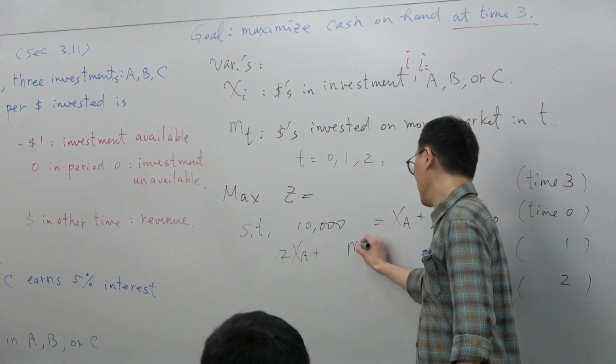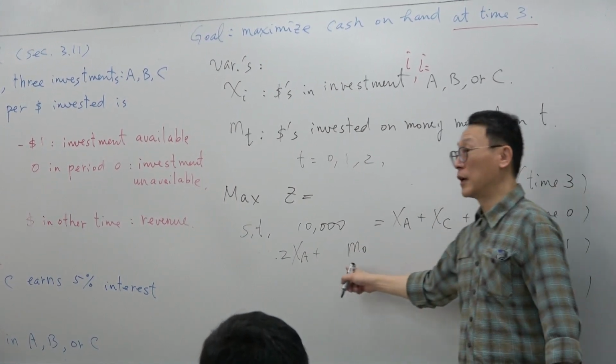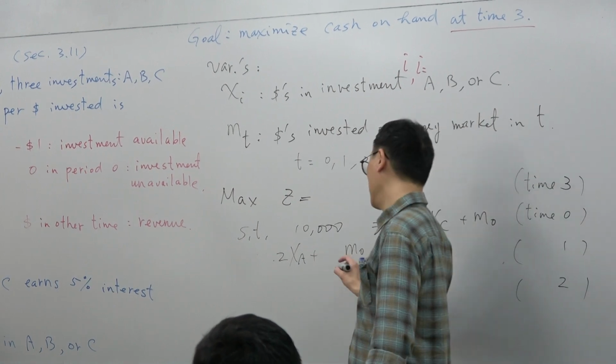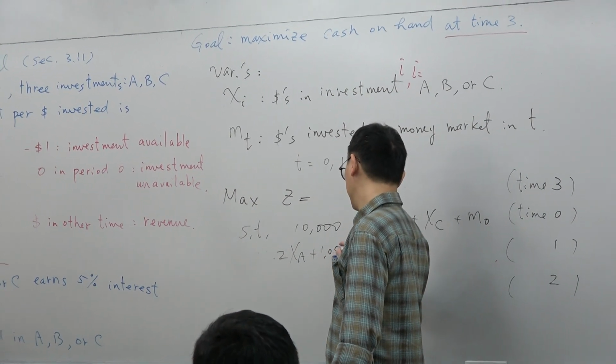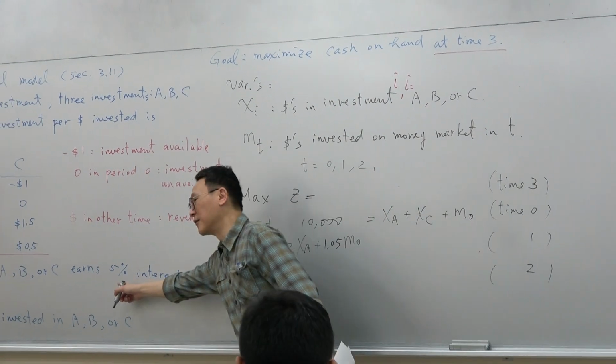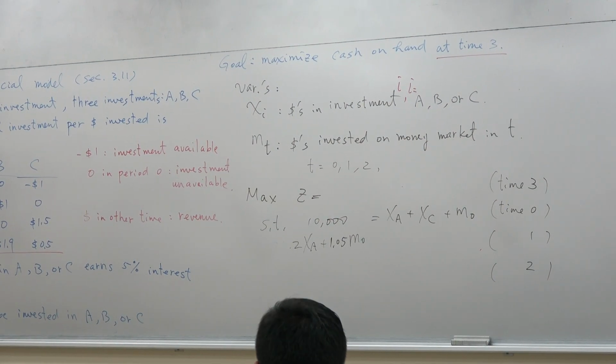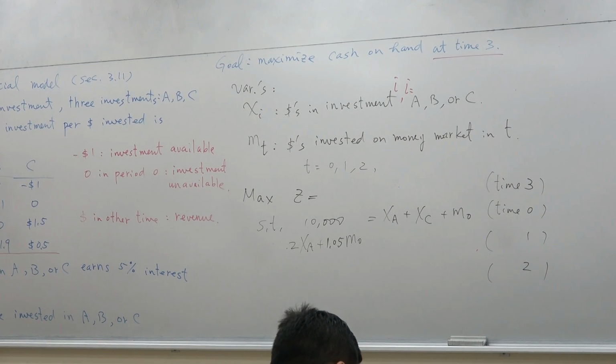M0. We put it in the money market, we can have some interest back: 1.05, that's 5%, right? That's the total money we have in time 1.